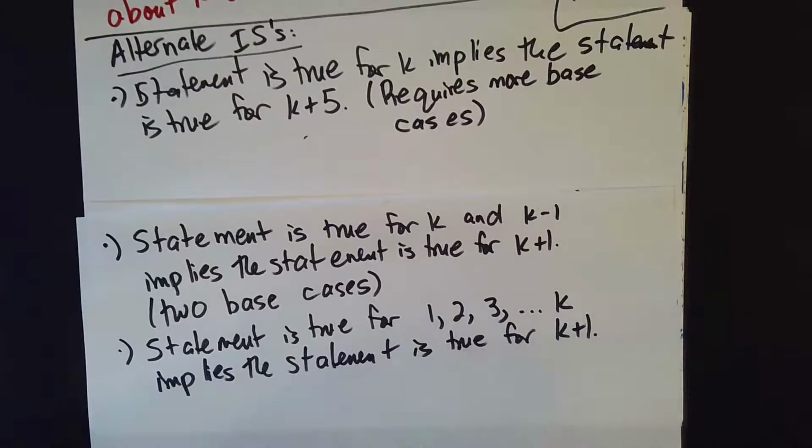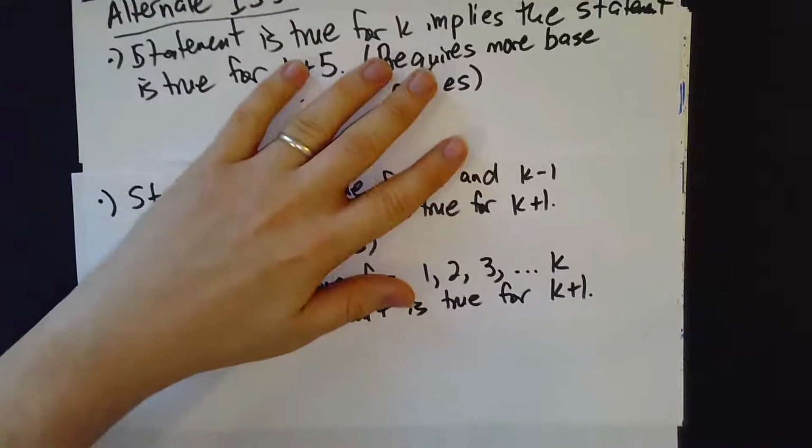So sometimes you might need not just the previous case or not just the case from 5 ago. Maybe you need all of the previous cases. If you need all of the previous cases, then you can use an inductive statement like this.